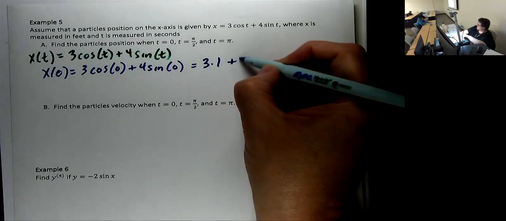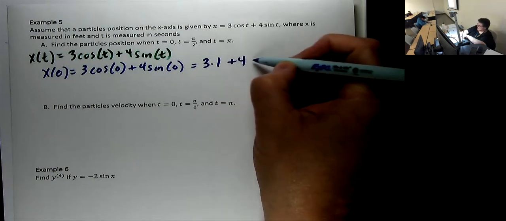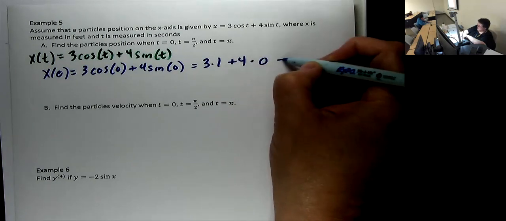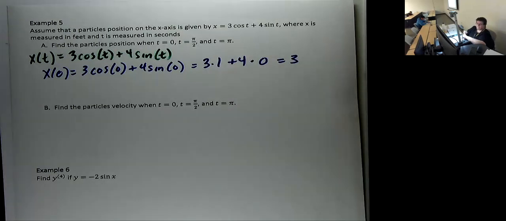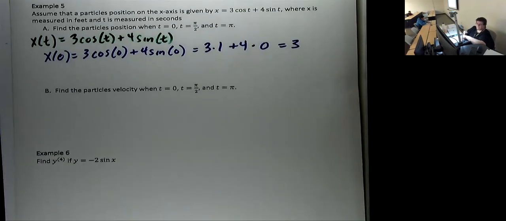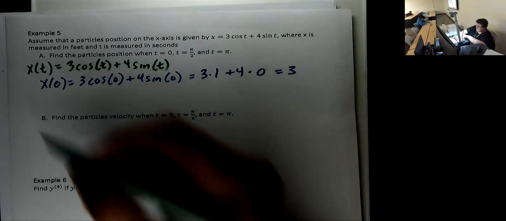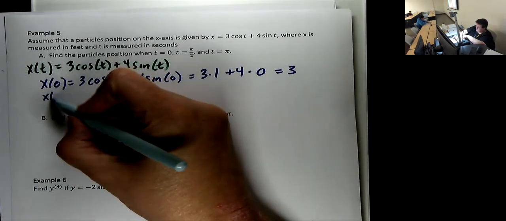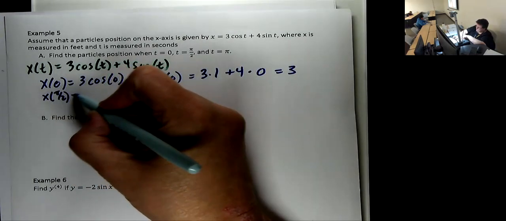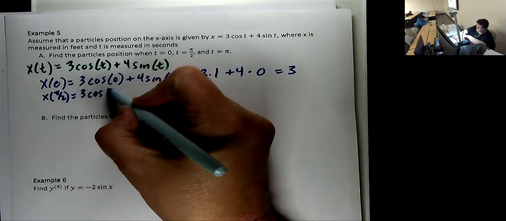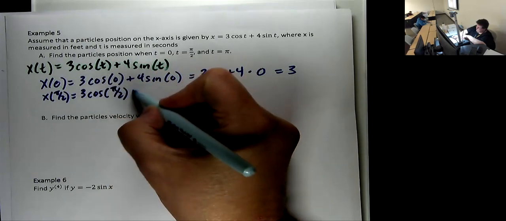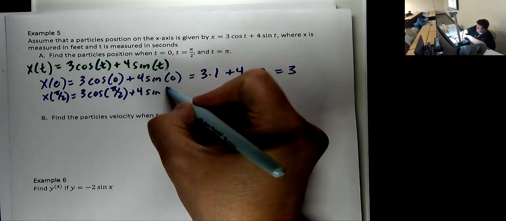And what's sine 0? 0. So this just evaluates to 3. And we have x of pi over 2 equals 3 cosine pi over 2 plus 4 sine pi over 2.